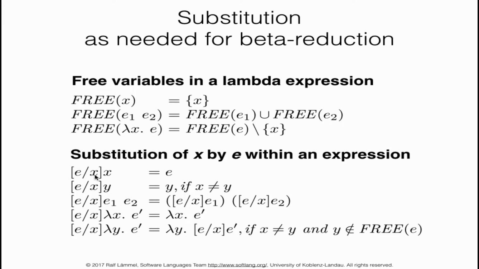Here we want to replace x by e within the expression x. Well, we just return e. Here we want to replace x by e in the variable y. If y is different from x, we just keep it. When we apply substitution to a function application, we basically just need to push substitution into both operands.